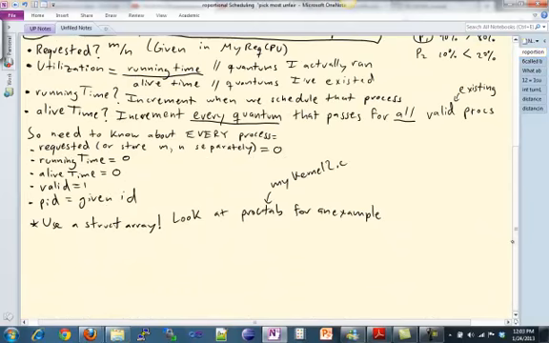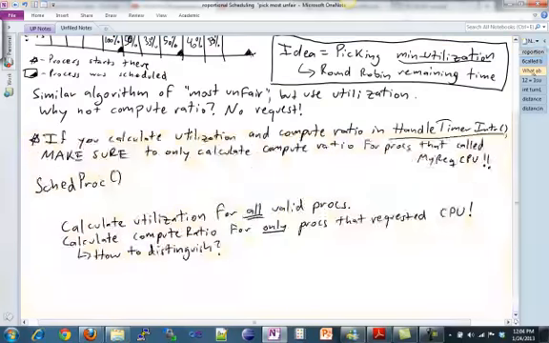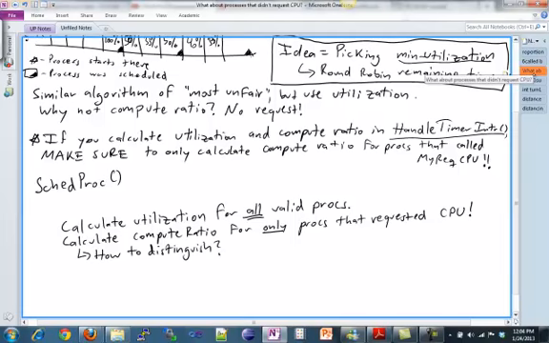Here are our lovely fields. And we can use requested, right? Because we initialize requested to 0. But in my request CPU, we set it to something other than 0. And so you can go ahead and use that to figure out if a process has requested CPU or if it hasn't.